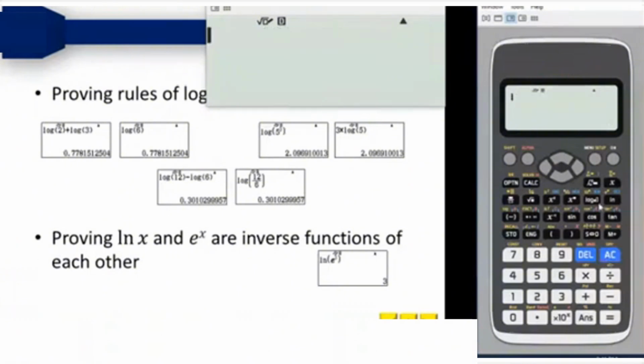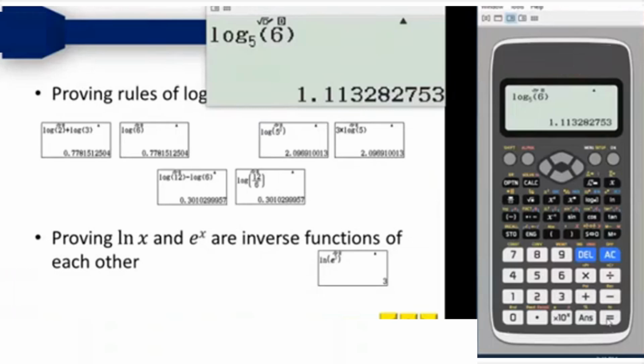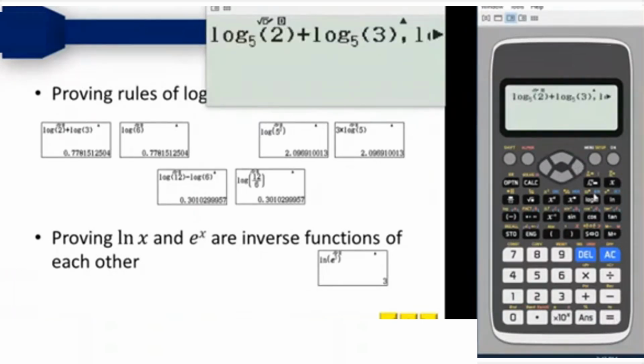So log base 5 of 6 gives the same answer, 1.1133, which is a proof that log 2 plus log 3 is the same as log 6. So if you want to prove any logs, all you need to do is make sure that both sides have the same results.